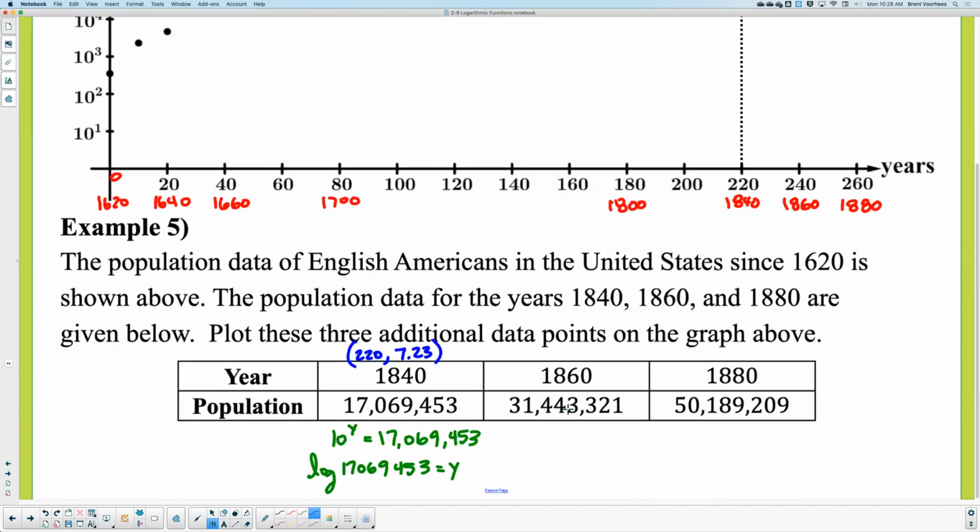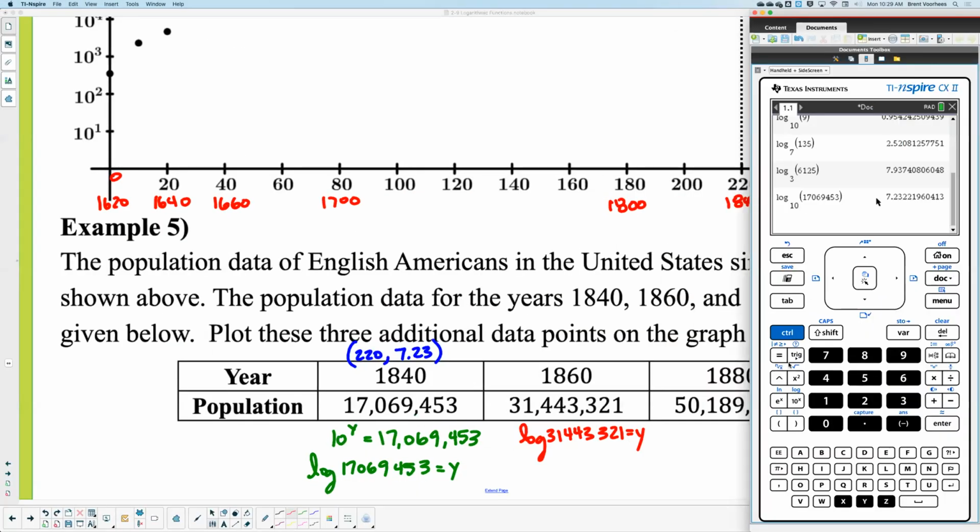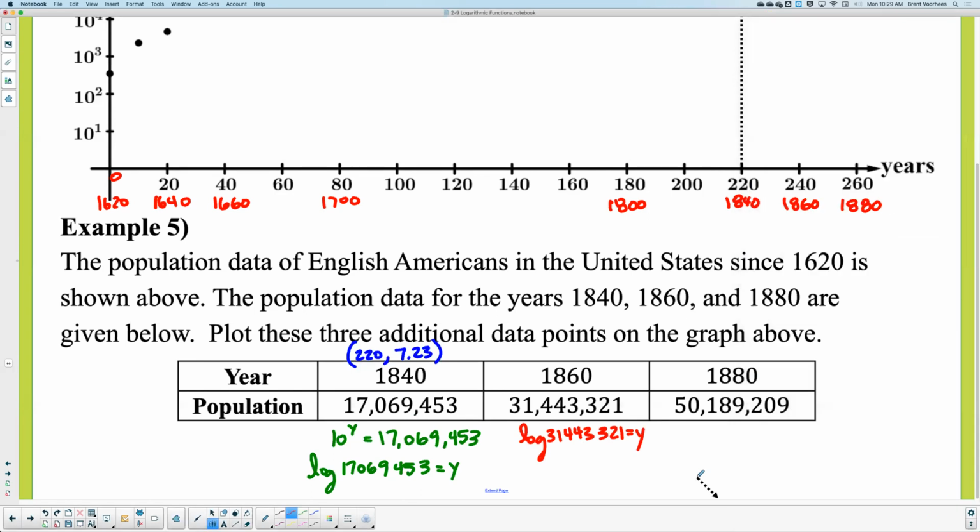Okay, let's find the next one. What are we typing in the calculator this time? 31,443,321. And you don't have to type in the 10 for the base. 31,443,321. Are y'all getting approximately 7.5? 7.50?